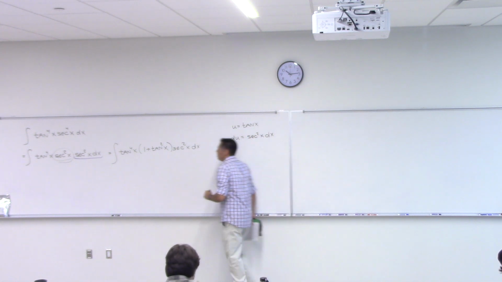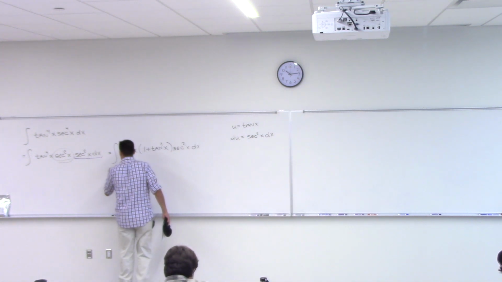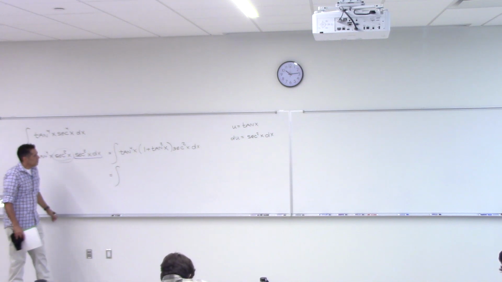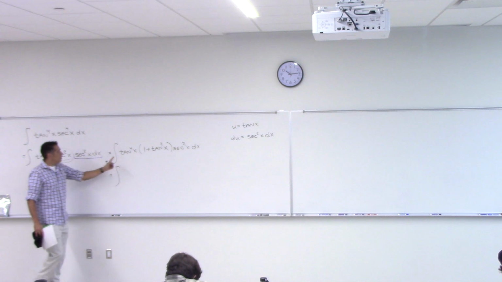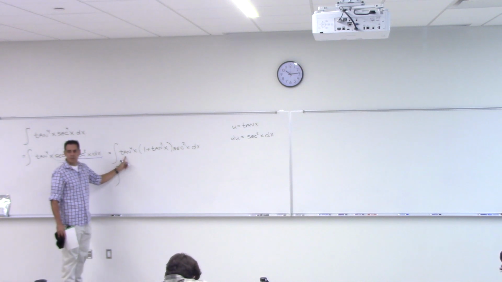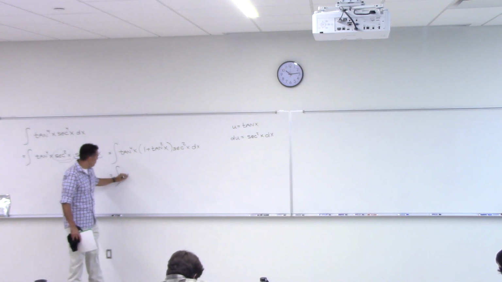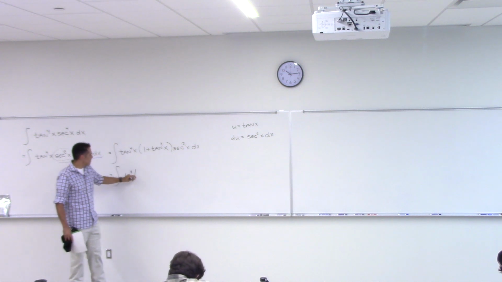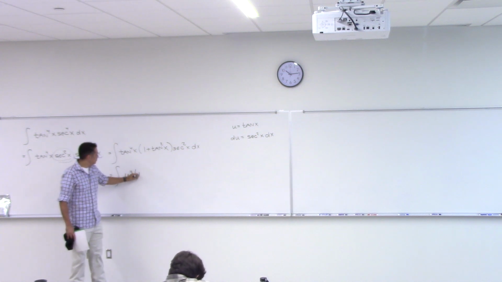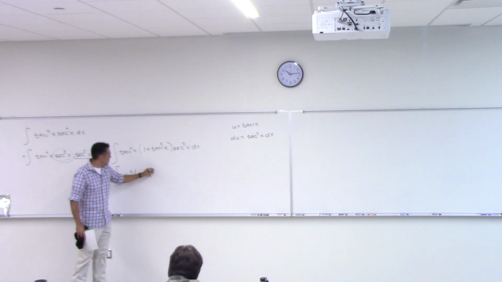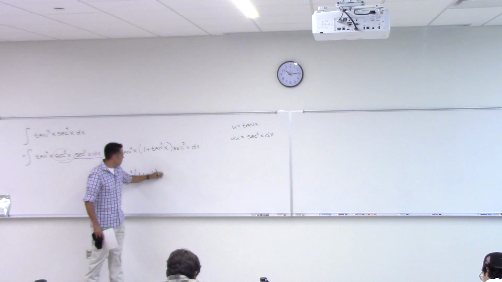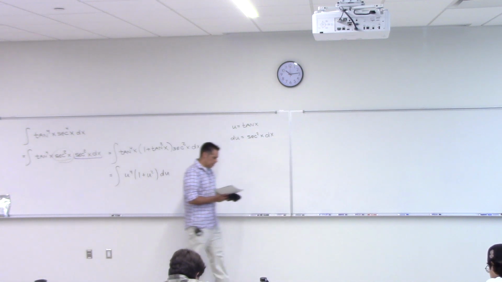All right, so let's rewrite this. So this becomes u to the fourth power, parenthesis, 1 plus u squared, good. And then finally, what's this? du. Okay, good.